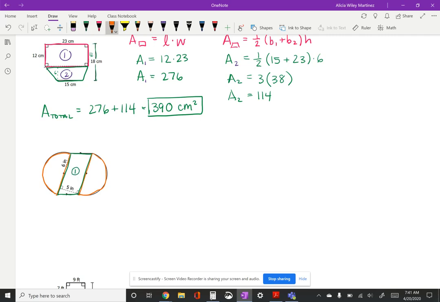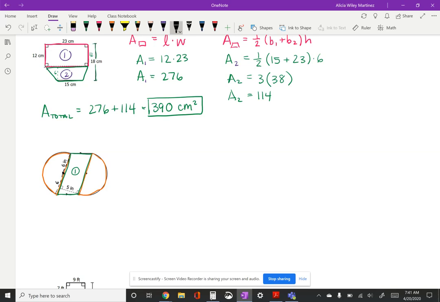And then these two half circles are actually congruent. They would make a complete circle. The reason I know that is because from this center, right here, to the outside, that is 6 inches. So from the center to the other side also has to be 6, which means that whole thing has to be 12.